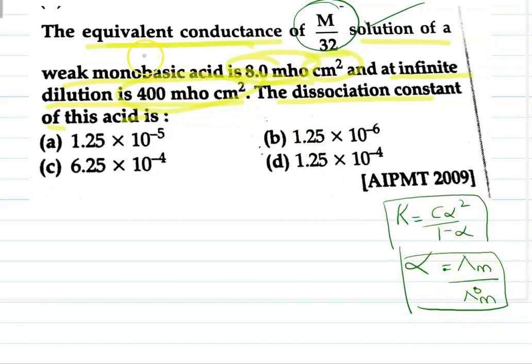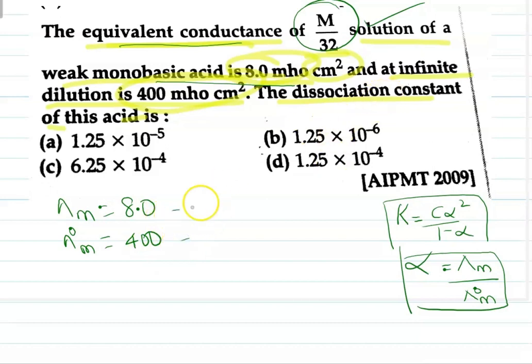What is being given? The equivalent conductance of the monobasic acid is already given, so lambda m is 8.0, taken as it is since it is monobasic. At infinite dilution, lambda naught m is also given as 400 mho centimeter square.